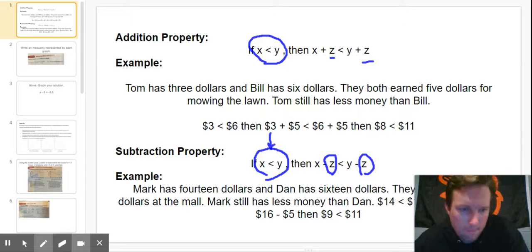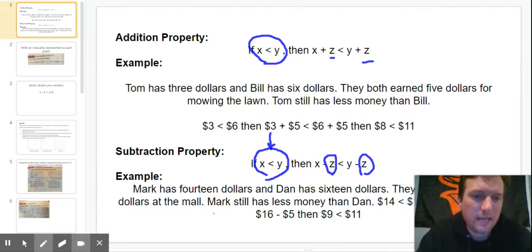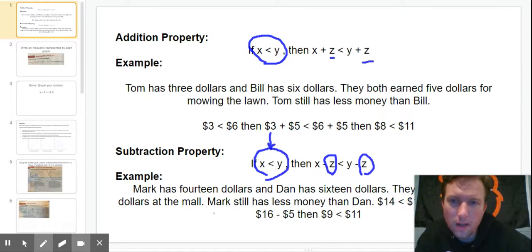My face here is blocking this, but you can see Mark has $14 and Dan has $16. They spend the same amount of money at the mall. Mark still has less money than Dan. So these are the properties of addition and subtraction of inequalities.